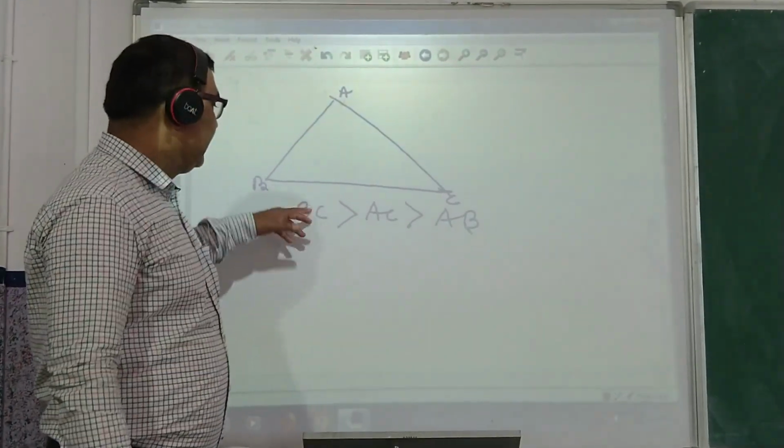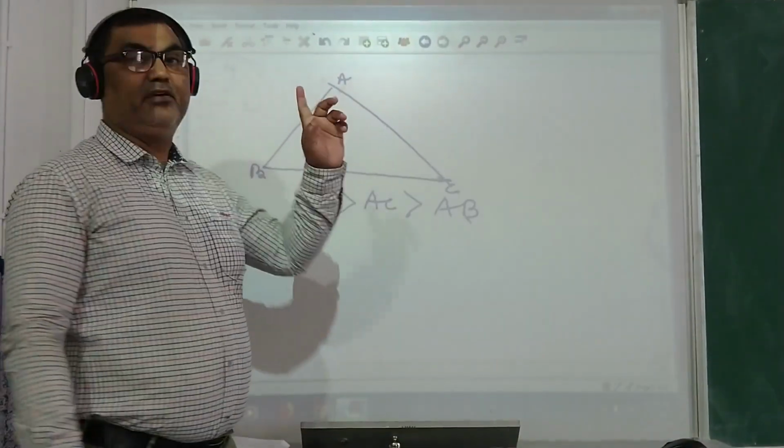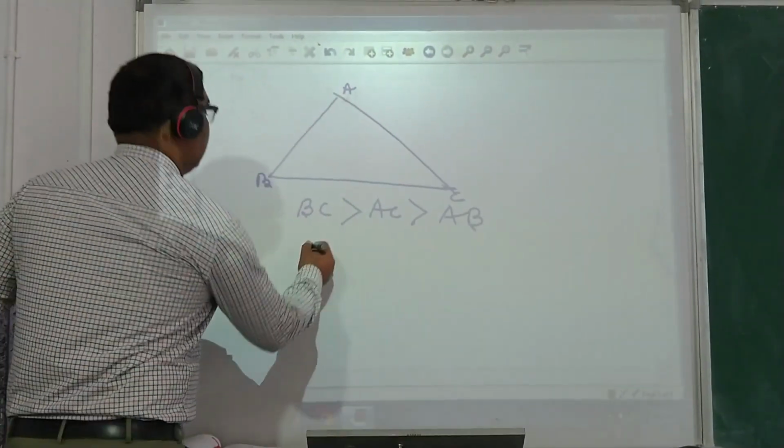So here, the angle opposite to BC, that is A, will be larger.